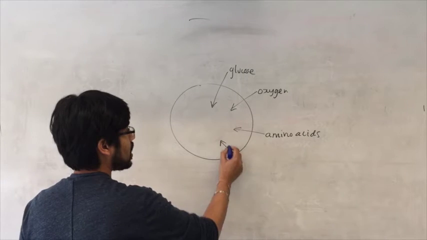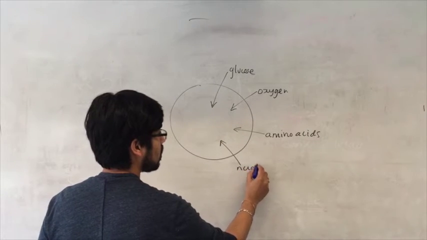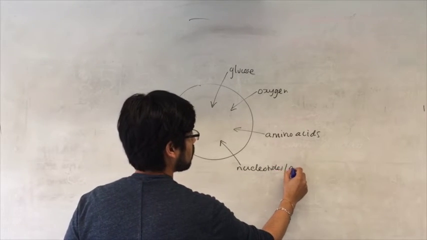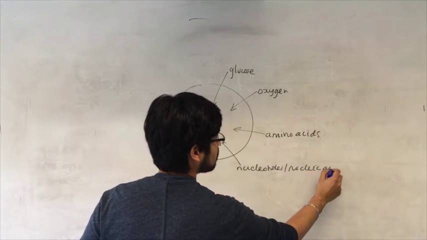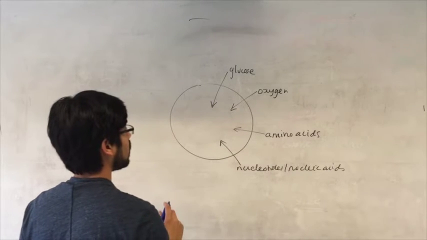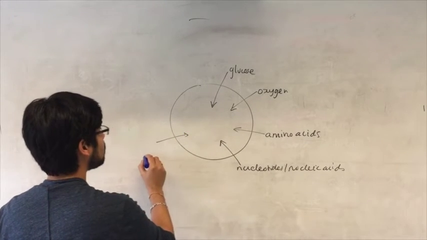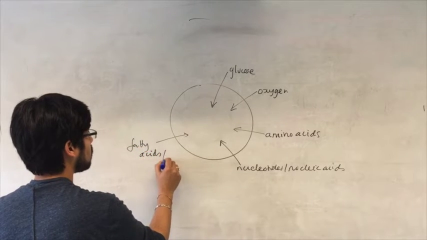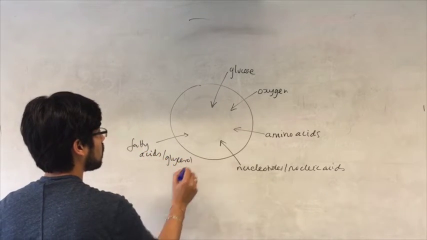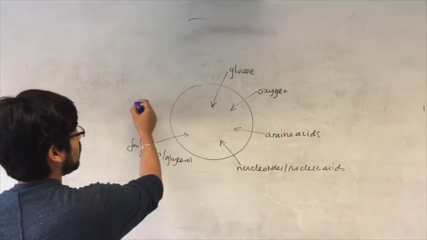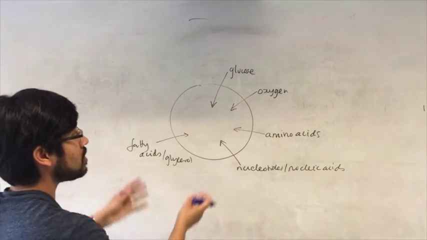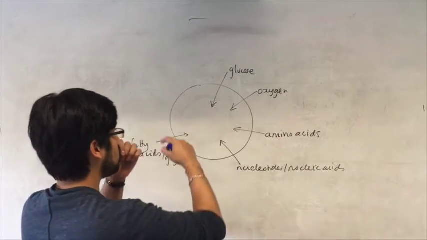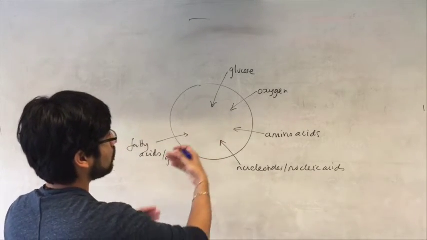If it wants to replicate its DNA, it needs to get things like nucleotides in there. If it wants to build lipids, it needs to get fatty acids, glycerol, right?